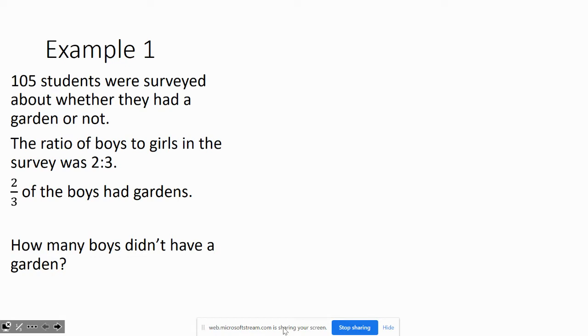So if we have 105 students surveyed and the ratio of boys to girls was 2 to 3. So in total we have boys and girls in the ratio 2 to 3. So boys with 2, girls with 3. And we have 105 surveyed altogether.